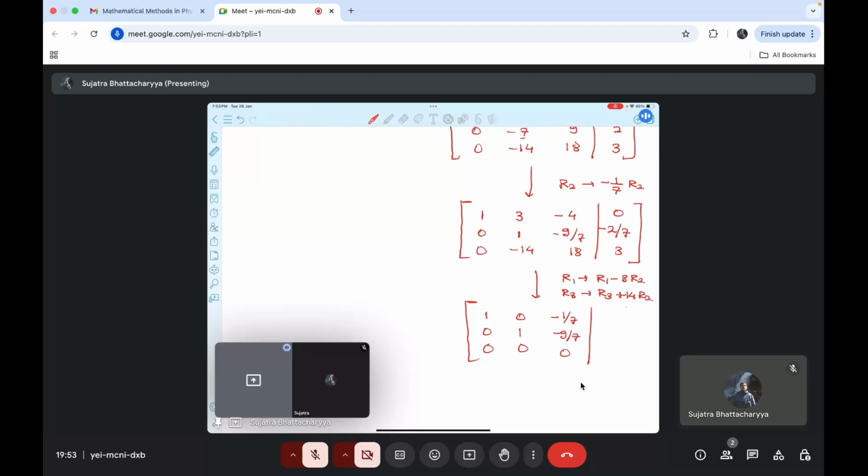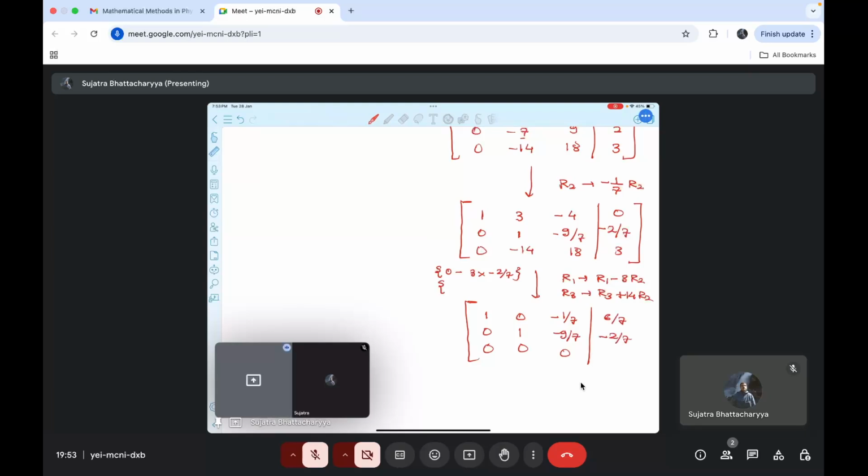What about this row? This we have not calculated earlier. So now let's do it. So it is 0. So it will be 0 minus 4 times minus 2 by 7. So what it will be? Plus 6 by 7. Right? 6 by 7. This is minus 2 by 7 as it is.